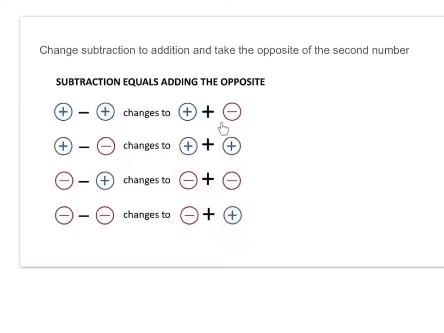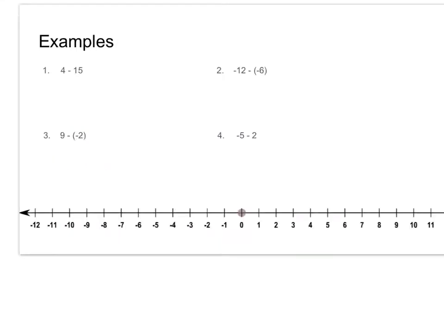So you're adding the opposite. A positive minus a negative changes to a positive plus a positive. A negative minus a positive changes to a negative plus a negative. And a negative minus a negative changes to a negative plus a positive.